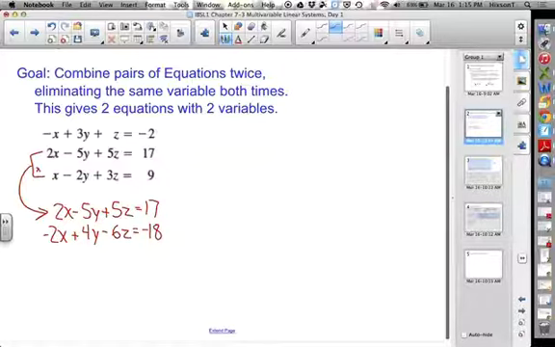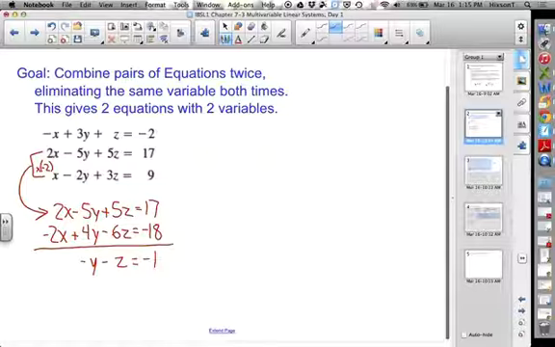So notice here I'm multiplying by a -2. Now I'm adding them together, and this time it was actually helpful because 2x minus 2x is 0. As I add the other things together, I get a -y, a minus z, and that equals -1.